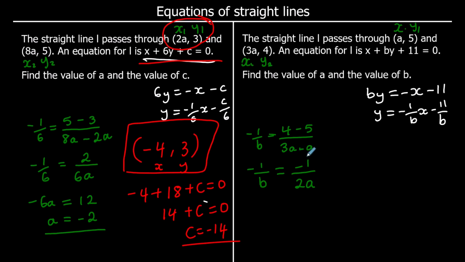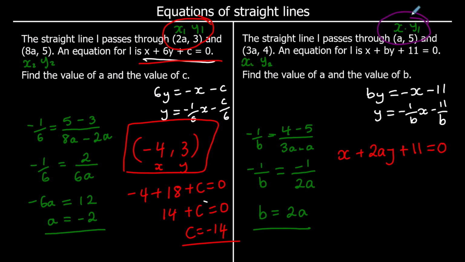So the numerators are the same, so the denominators must be equal. b must be equal to 2a. So we can change b into 2a. Let's do that. So let's have x plus, instead of b, I'm going to write 2a, 2ay plus 11 equals 0. So now I've got rid of b, there's no b involved.